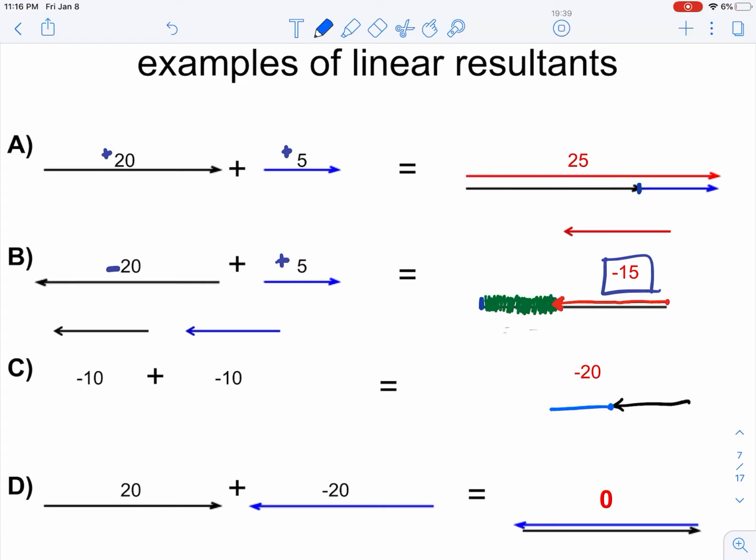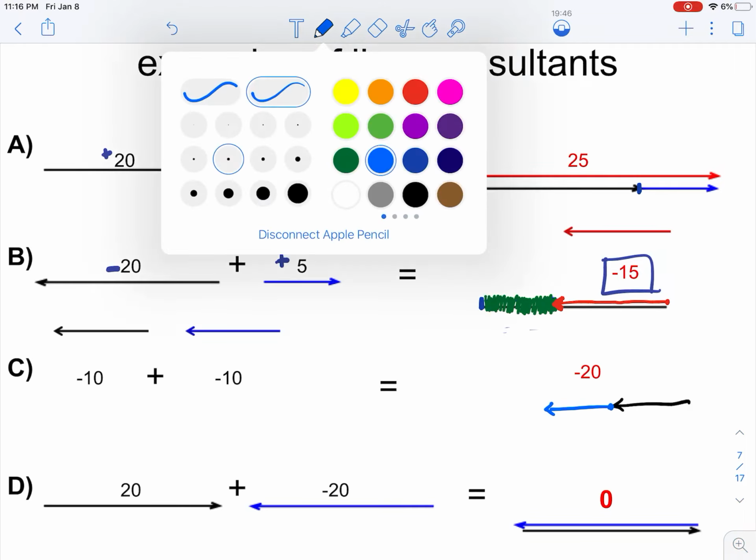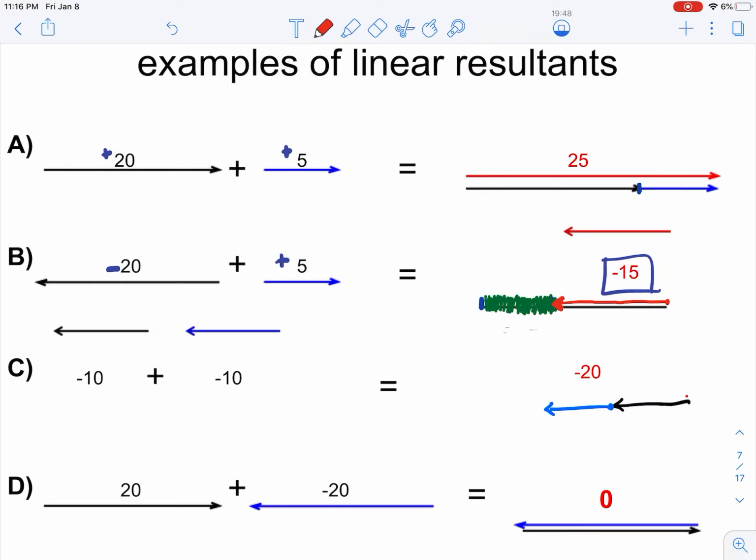So from here, I'm going to draw the line for my blue vector, and it is also pointed to the left. So the overall result of this vector addition is a length this long, which would represent 20 miles if we're doing our driving example, okay? It is to the west, and so that's why the math came out to be negative.